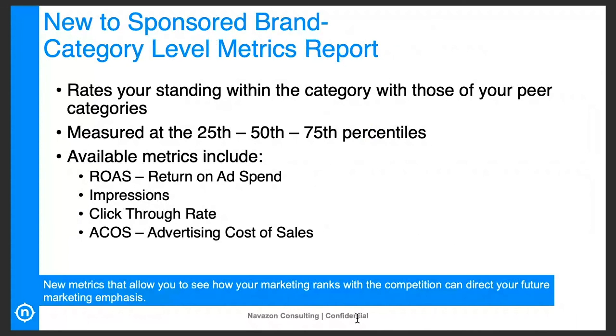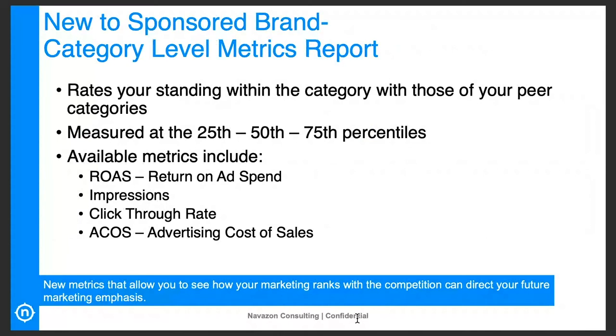I know a lot of you accounting people out there are going to second my emotion towards this, but this allows you to rate your standing within the category against the categories of your peers. And in addition to that, you can be measuring the 25th, 50th, and 75th percentiles to actually know where those metrics stand against your peers in those percentiles.